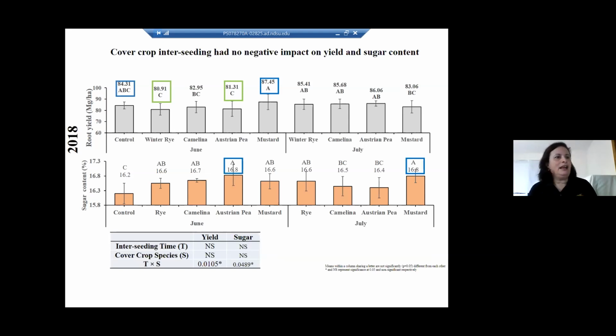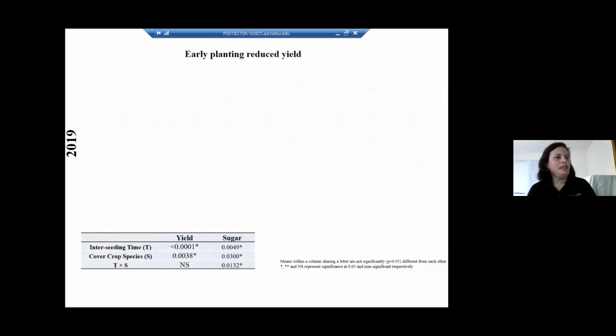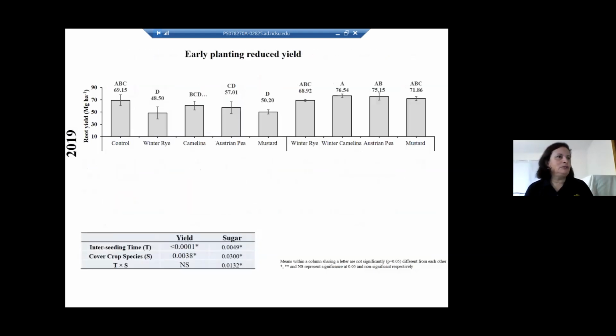Now, the year after this, the student did this again, and the results were different, especially in 2019. Everyone knows it was a very difficult season, very unusually cold. And here what happened is the cover crops actually did reduce yield, okay? Not all of them, but especially those planted in June reduced root yield compared to the control significantly.